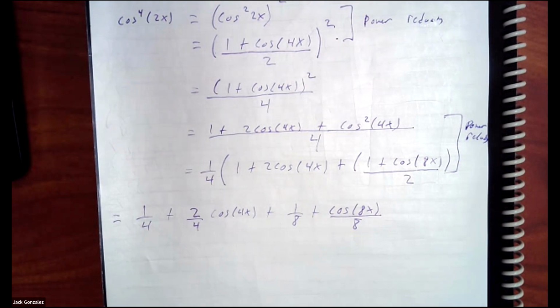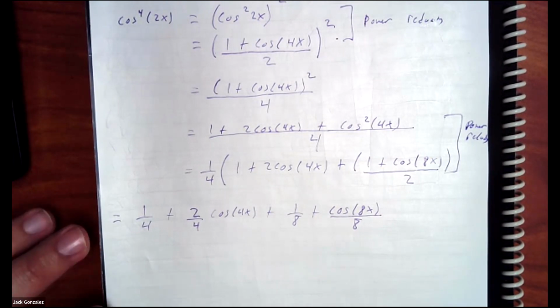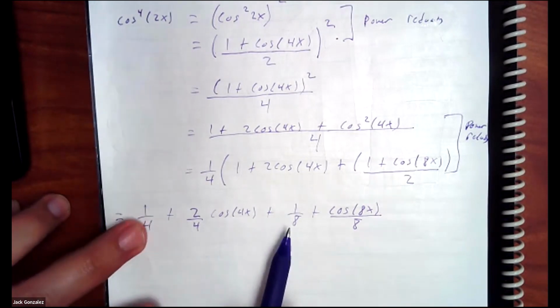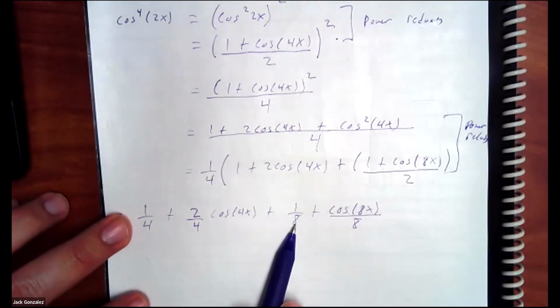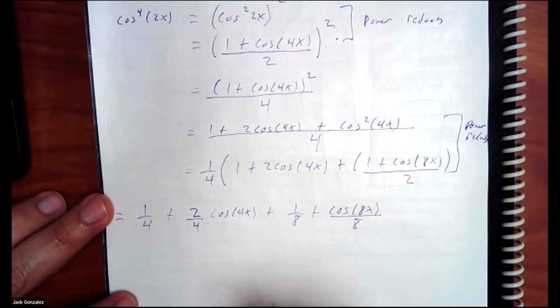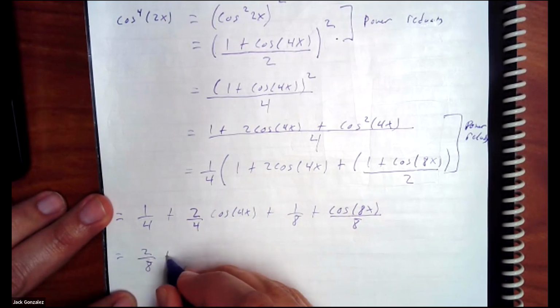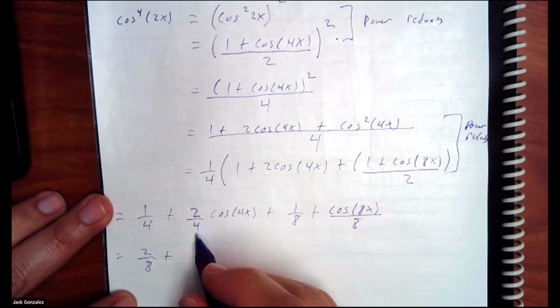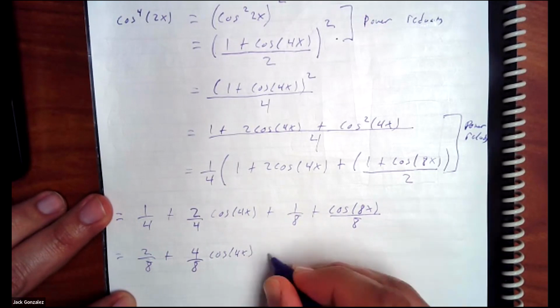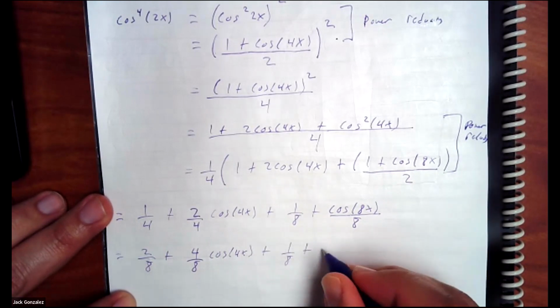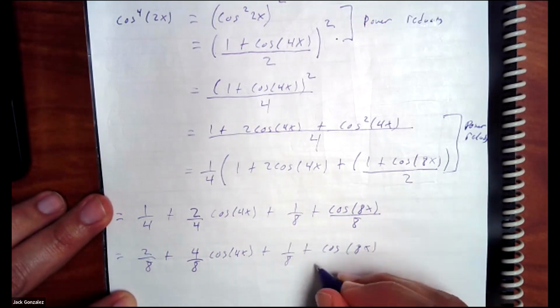We should combine it all to one fraction. Technically, we can combine the fourth and 1/8, right? So let's change everything to powers of 8. That'll be 2/8, that'll be 4/8, right? 1/8 plus cosine 8x.